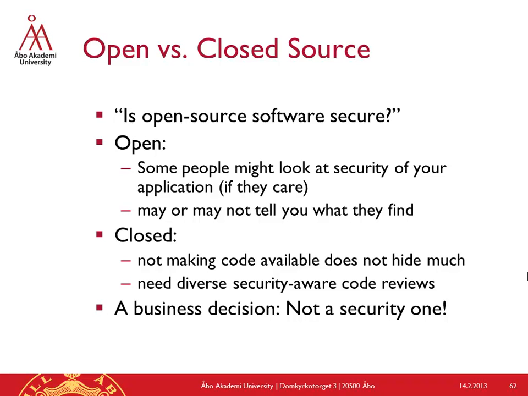And with closed solutions, you can basically miss some problems with your code if you did not test it carefully. So in every approach, you have to test your code for security issues. So open source or closed solution is not just a security issue. It's a business decision. How are you going to distribute your code? It's your decision. But it's not about security itself.